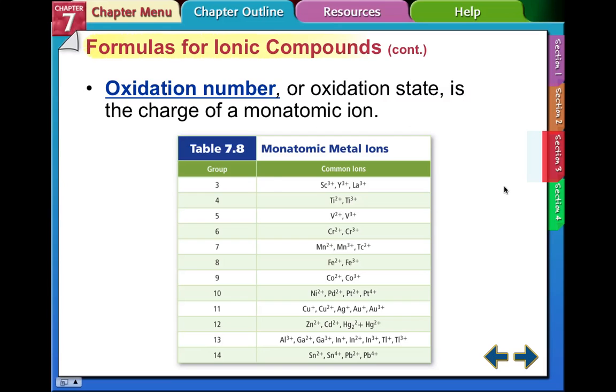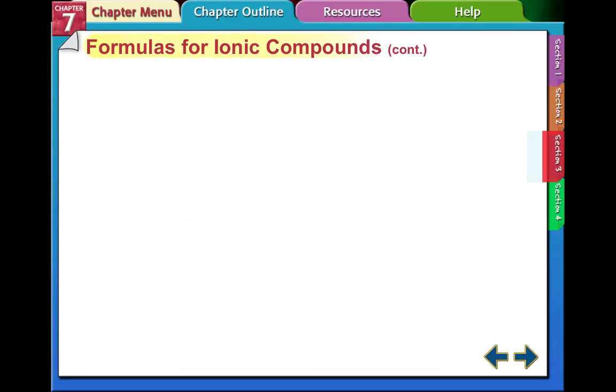So everything in group 3 is going to have a +3 charge, meaning it has 3 electrons to share to get to the 8. Remember, the transition elements are going to have more than one oxidation number, and we will deal with each individual case as we get to them.